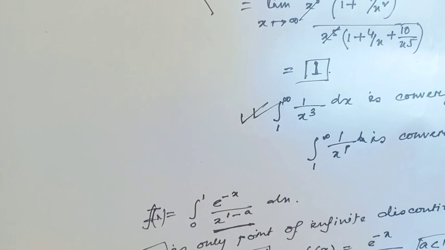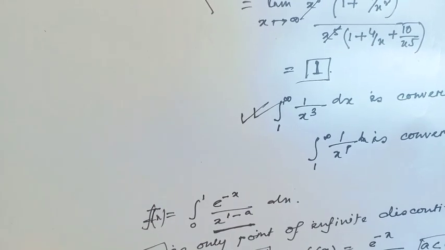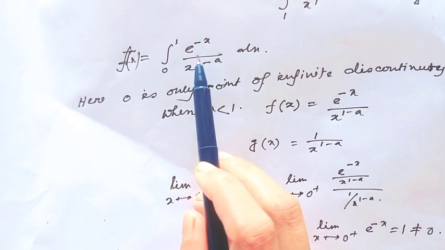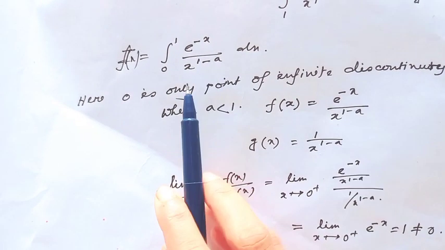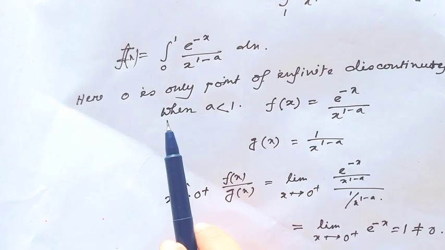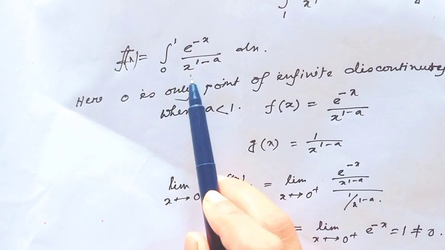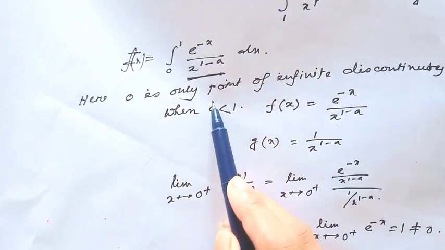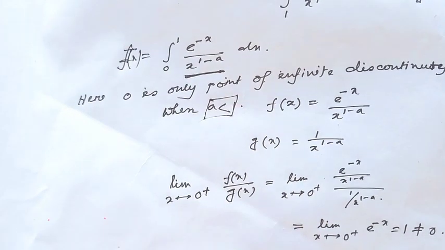Then our next example is that f(x) equals the integral from 0 to 1 of e to the power minus x over x to the power 1 minus a dx. At first notice here 0 is a point of infinite discontinuity when the value of a is less than 1.